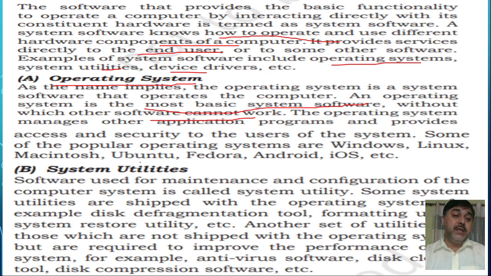Next, we find that there is a system utility. System utility is what? The software used to maintain the configurations of the computer system. There are different types of configurations of the computer system, and we have to maintain all those different patterns of configuration.